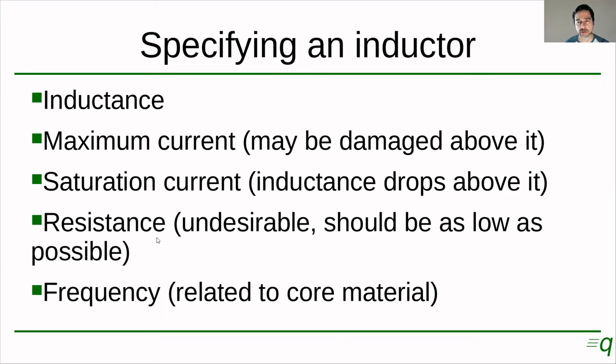That wire is not perfect and has some resistance there. And that's usually an undesirable condition. So you have to ensure that it is as low as possible, or if it is not as low as possible, you may have to consider the effects of this resistance in your circuit.